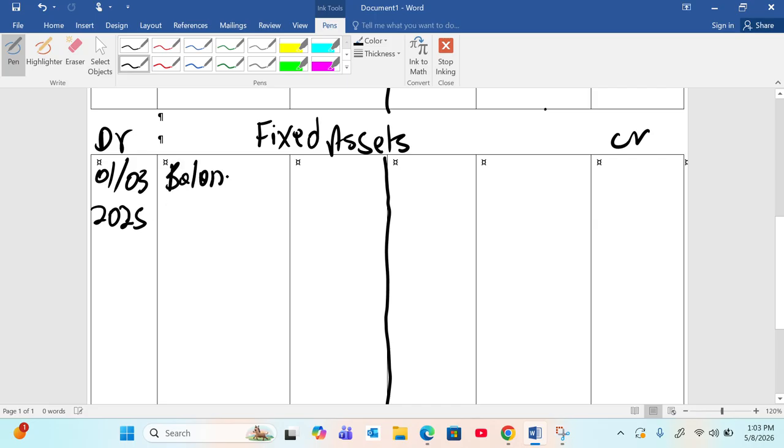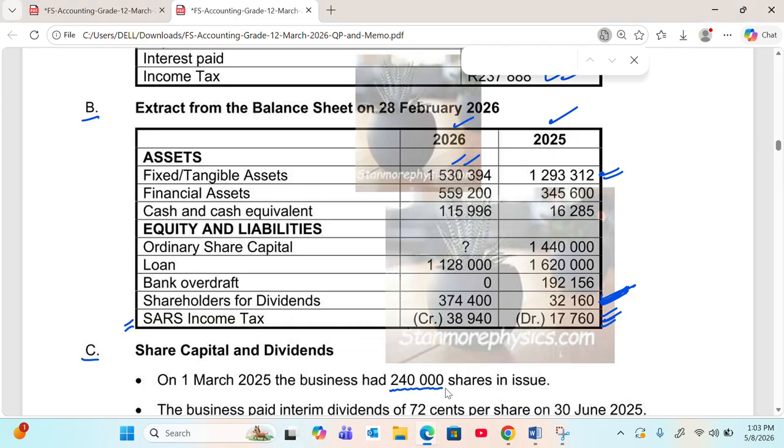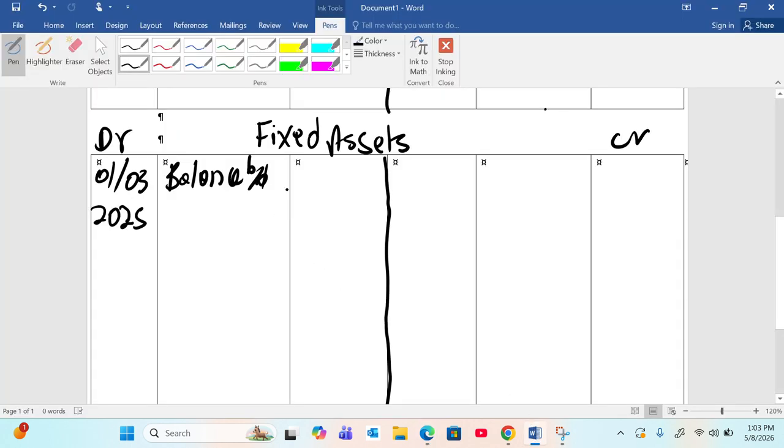We have that balance brought down of how much? Let's note those figures just once, guys. You can pause the video and write down the opening balance of fixed assets and the closing balance. So we have the opening balance of 1,293,312.